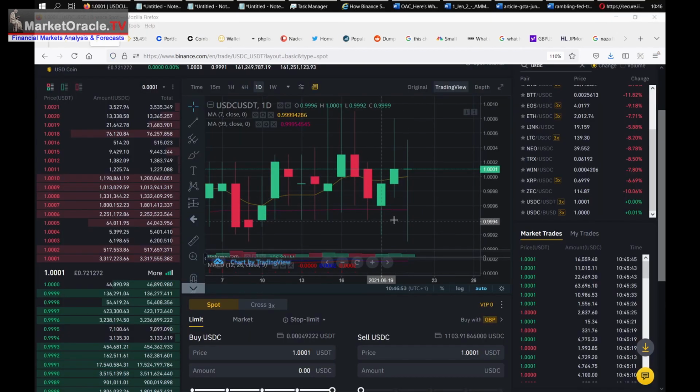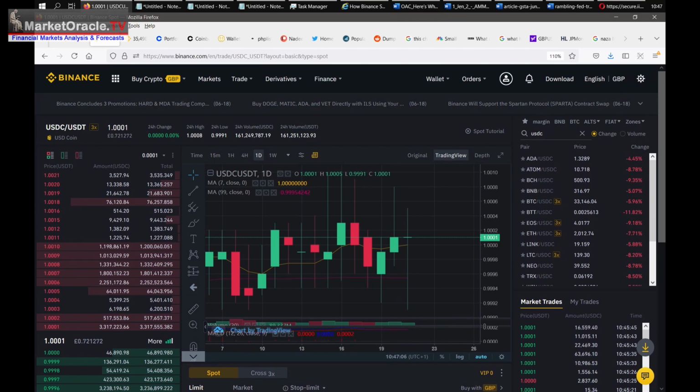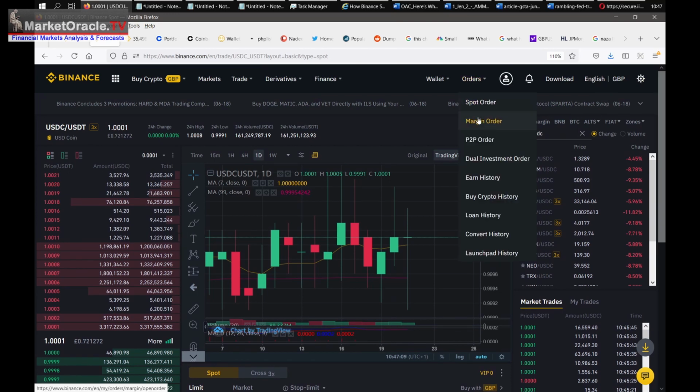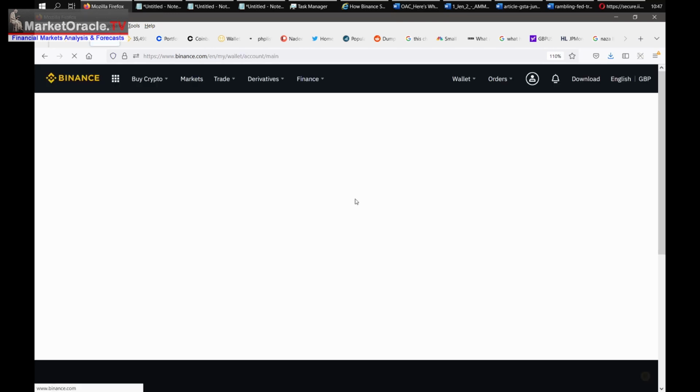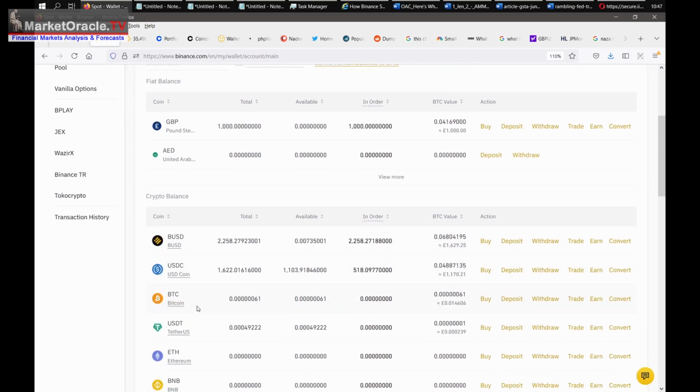Well, that was quick. It got triggered using this spike here. So I've now got no USDT. So the wallet should show USDC now 1100. What did I get?